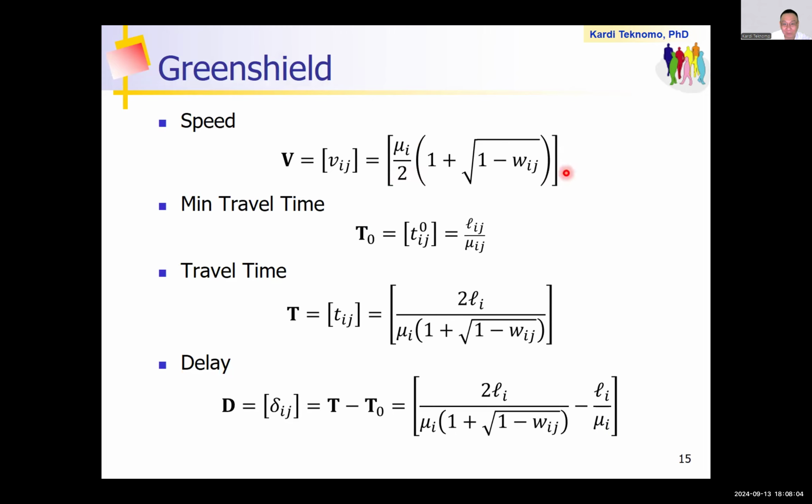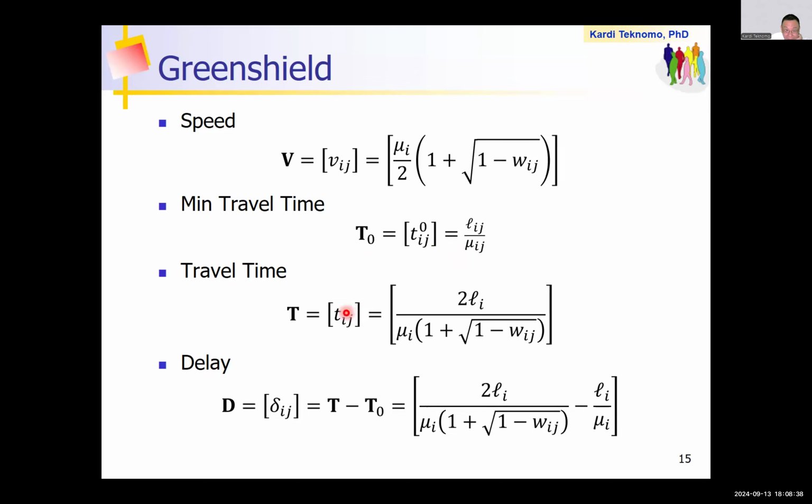This formula is from Greenshields, remember? The travel time is the minimum travel time. You have this one, the free flow speed, the maximum speed. This is the Greenshields formula. So the speed depends on the maximum speed and the congestion. And then the minimum travel time is the length divided by the maximum speed.